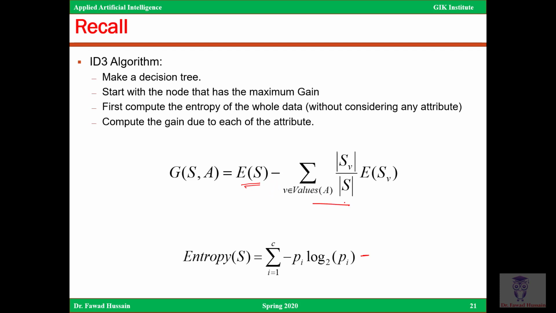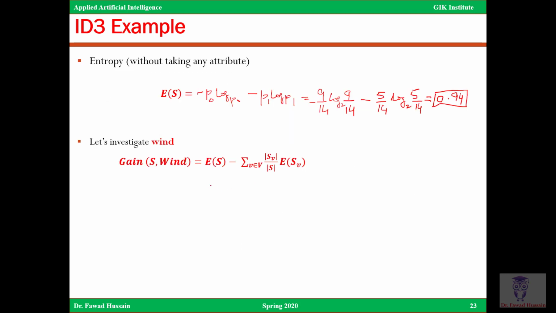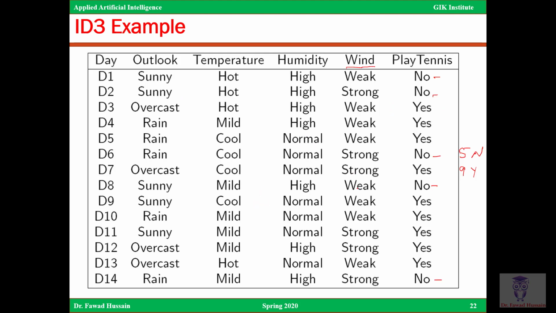Next, we have to find the entropy when we use the attribute. We have 4 attributes. Let's try with wind. Let's see what the entropy is if we use wind as an attribute. So E of S is 0.94, we just calculated that, minus. For wind there are 2 kinds of values, strong and weak. Let's count how many weak there are.